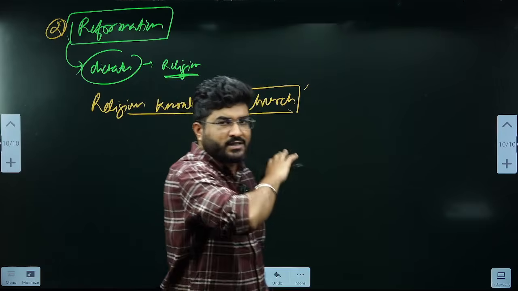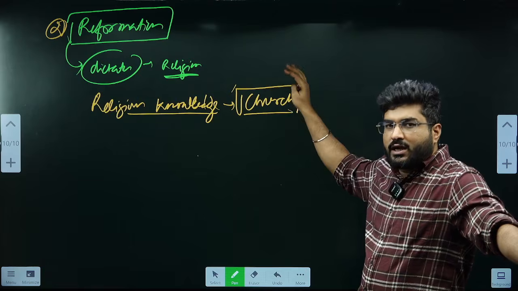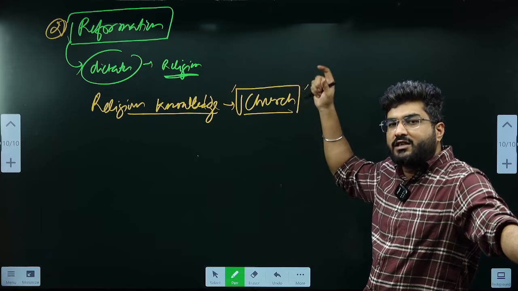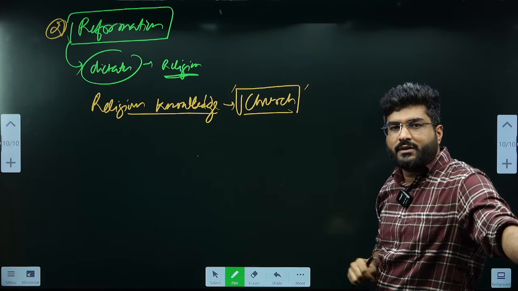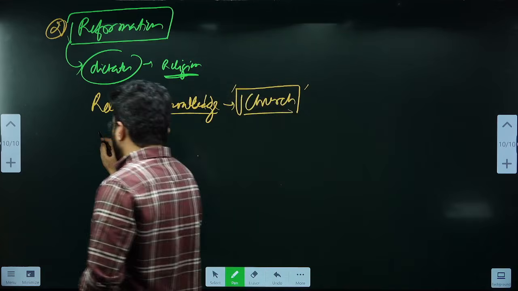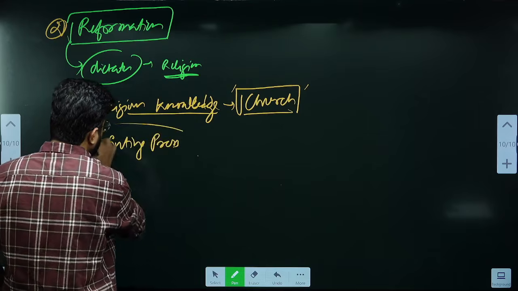Before that, nobody had read the Bible. Only the people belonging to a certain clergy class were reading the Bible. They were reading what religion has been saying, and they were disseminating that information to the larger people, the common people. So this era saw the birth of the printing press.